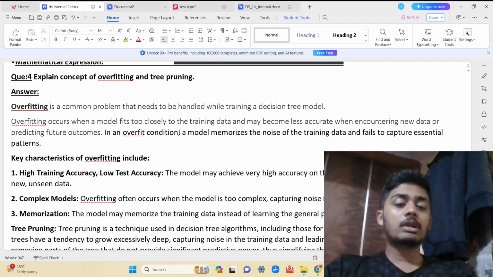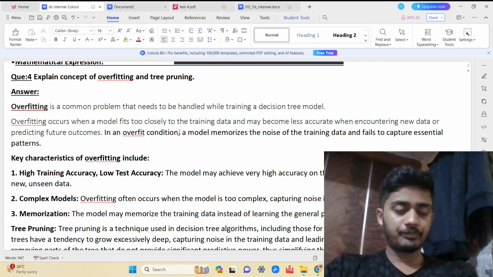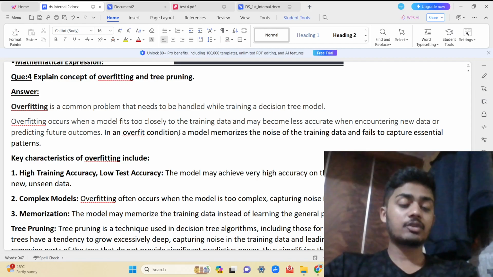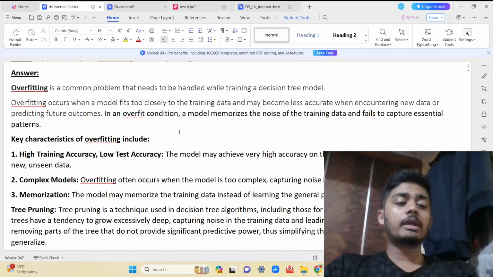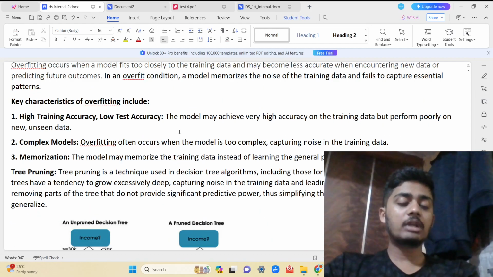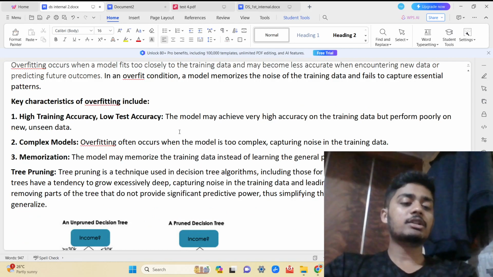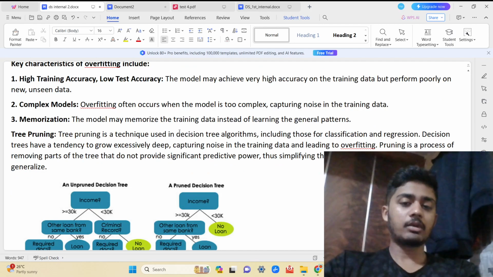In an overfit condition, a model memorizes the noise of the training data and fails to capture essential patterns. Let's find out the key characteristics of overfitting. They include higher training accuracy and low test accuracy, complex models, memorization, etc.